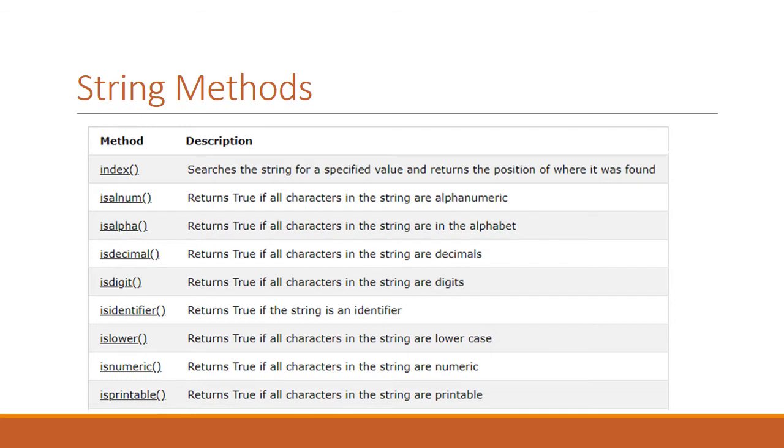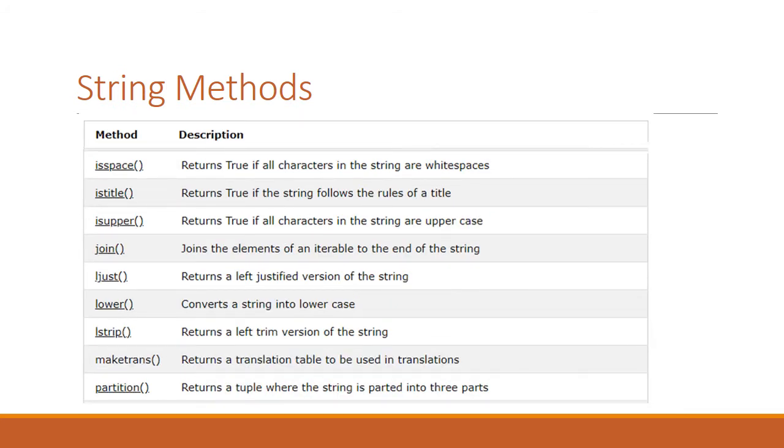We have some methods that can give us some information about a string. For example, isLower returns true if all the characters in the string parameter are lowercase. IsNumeric returns true if all the characters within the string parameter are numeric. We see that there's a lower method that will convert a string into lowercase.